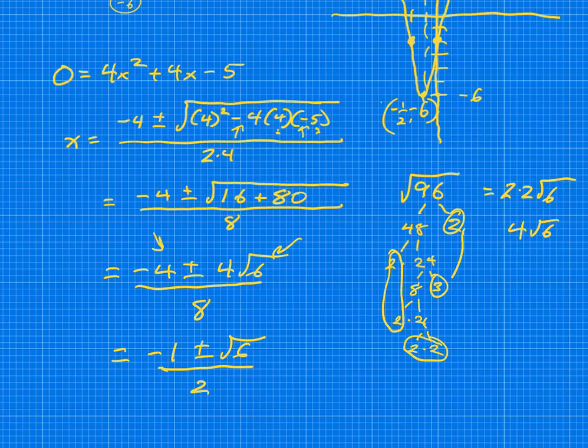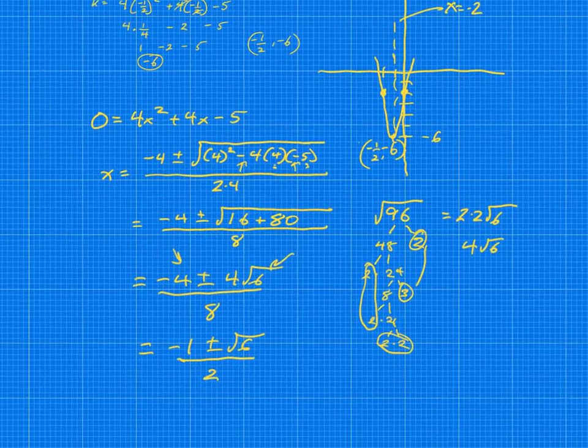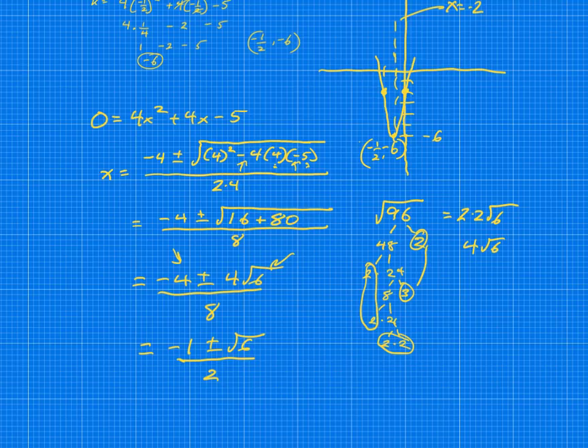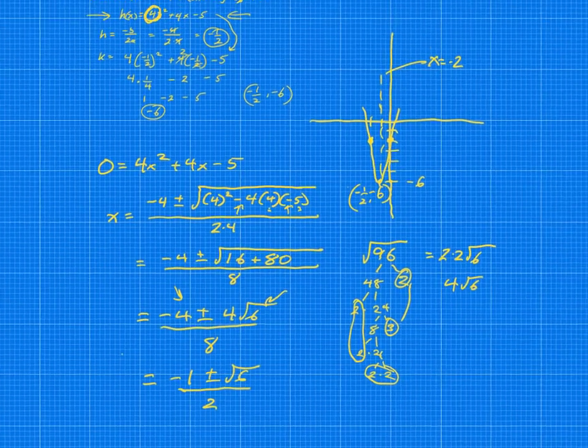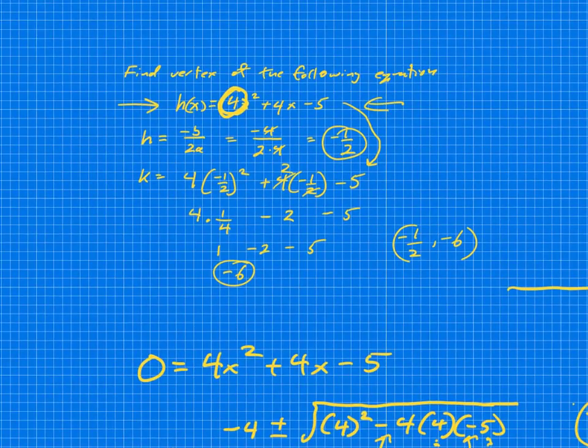I will likely take a kinder approach to this, and I'll give you an example of that right now in the next page. So the last piece is how can we graph over here?